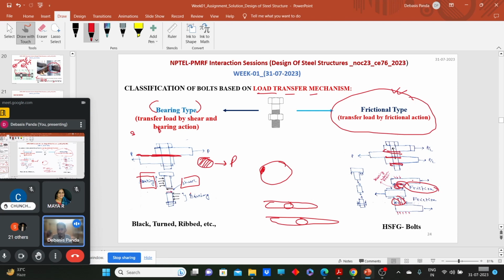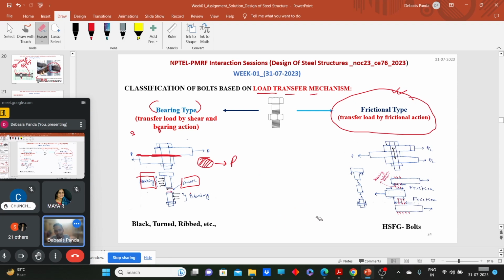For this purpose of frictional type of bolts or high strength bolts, we generally go for oversize or slot size holes depending on the design criteria. Now think, in a frictional type bolt, if slippage occurs, the bolt will slip. So what will happen? It will act like a normal ordinary bolt. So in the frictional type of bolt, the load transfer mechanism is based on frictional action, and if slippage occurs, then that bolt will act like a normal bearing type of bolt.